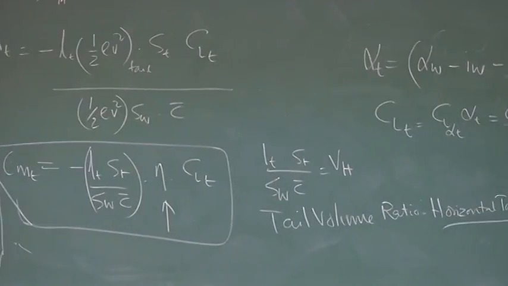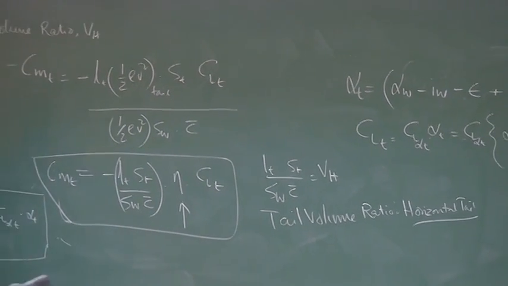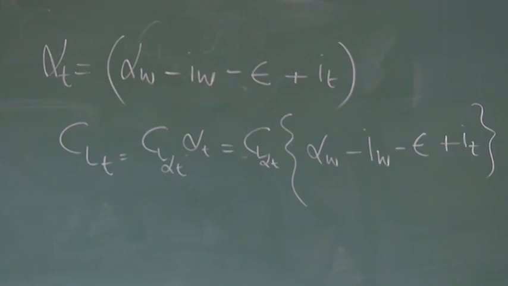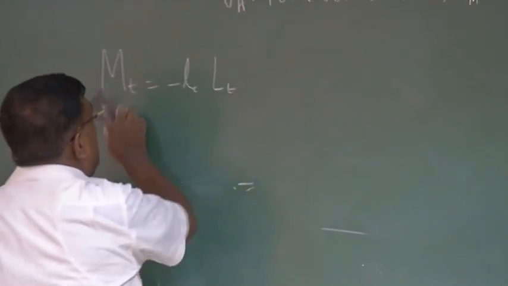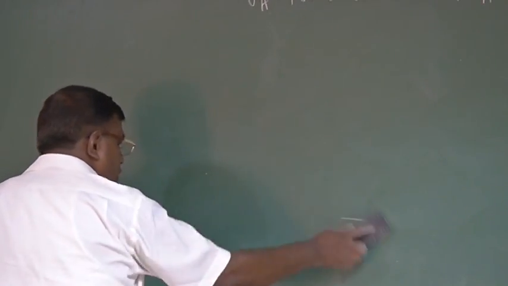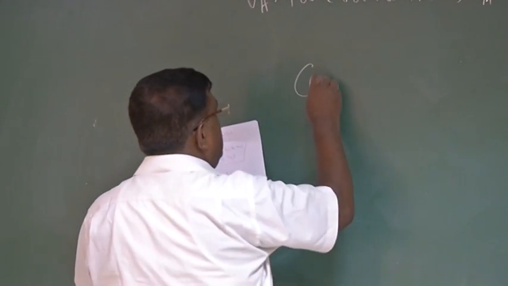Okay. Now, if we do some further arrangement, we'll find out what we are actually trying to look for in terms of the CM naught and CM alpha expressions. So you have seen that. Let me write this step.